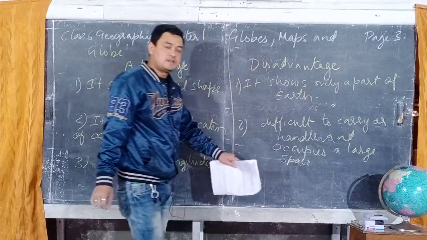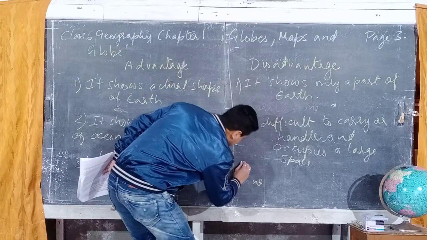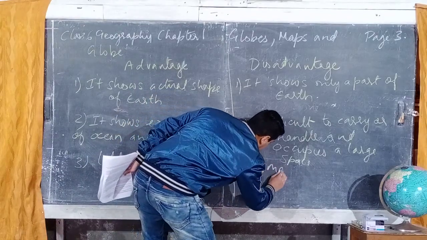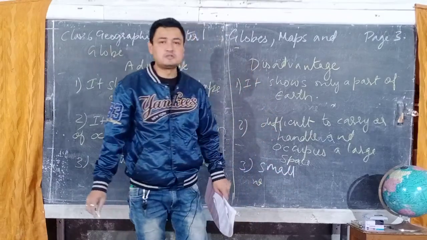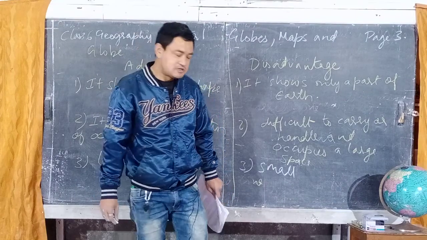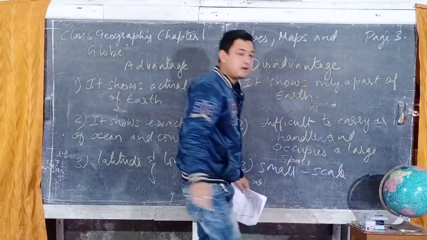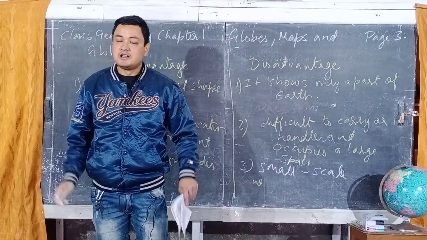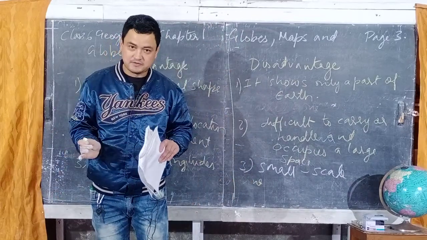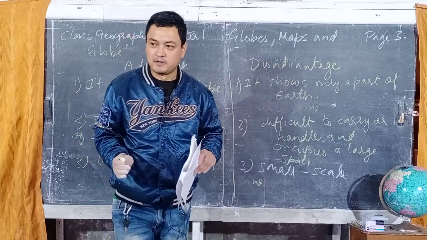But if you look at the disadvantage, it is a small scale map. Why is it called a small scale? Because a small scale map shows less detail. Therefore, it is called a small scale map. But the maps in an atlas are large scale as well as small scale. That is the difference between a map and a globe. Are you getting my point?